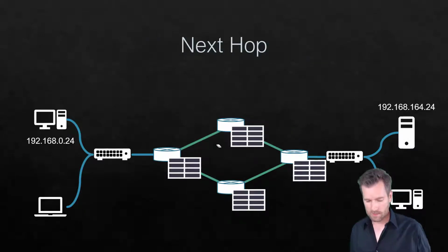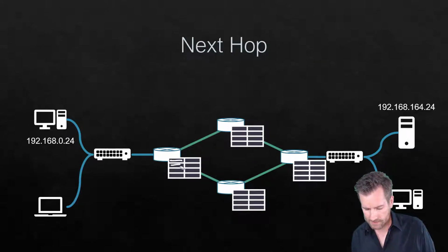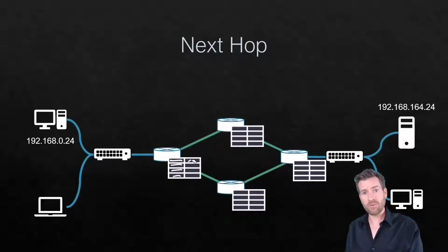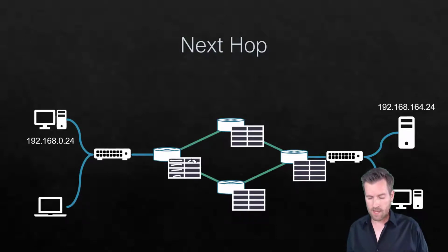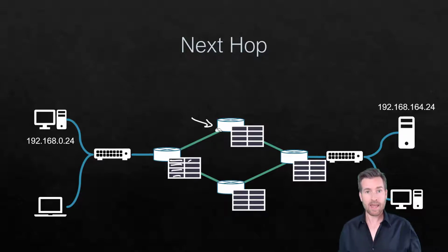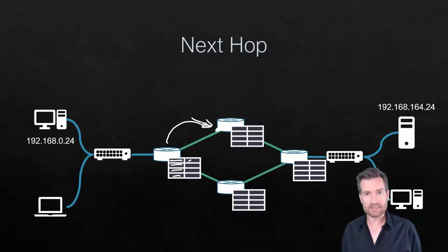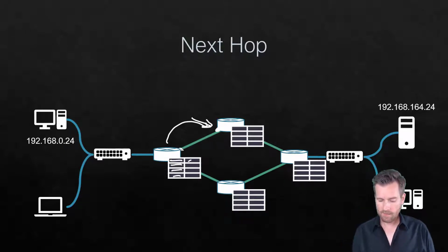Now, as we mentioned, this routing table has a list of networks in it, and where the destination is, what the next hop is. And it can specify this in one of two different ways. Number one, it could specify what the next hop address is, how it's going to get to that next hop address, or it could specify it by the exit interface.